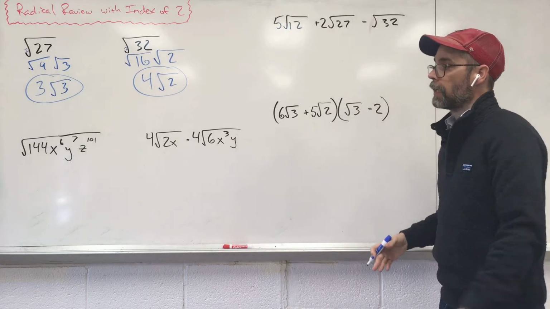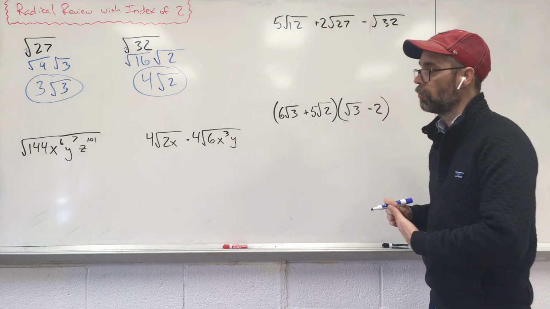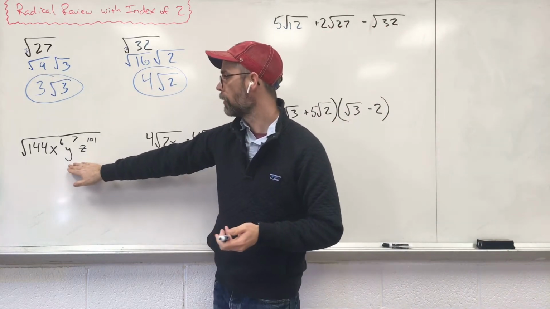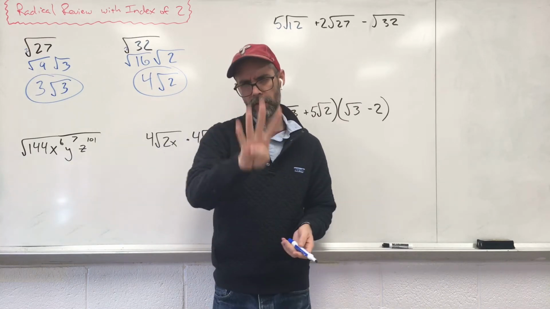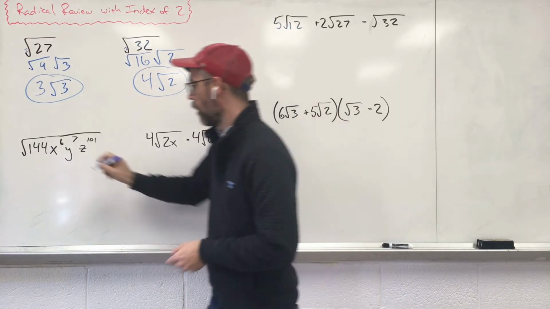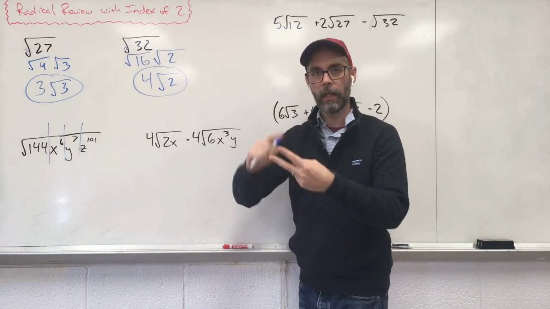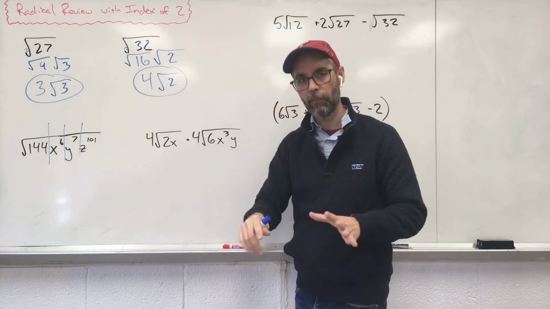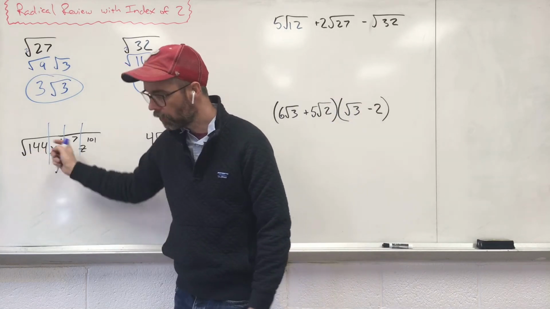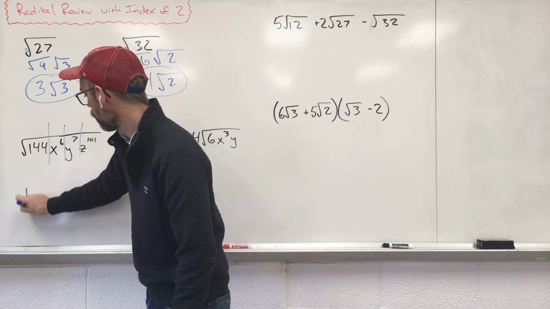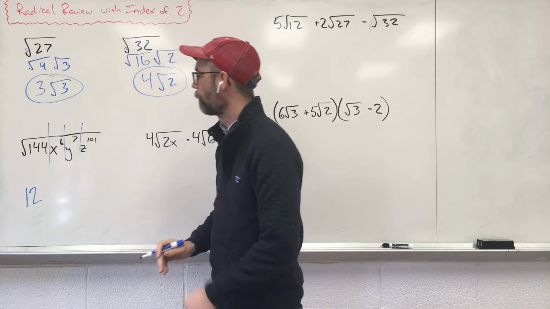What about when we have variables now? So something like this, I want to look at this as if I have 4 separate problems. And I'm going to break them up into each one. So I'm going to look at the number, I'm going to look at X, look at Y, look at Z, all separately. So 144, I know, is going to give me 12 outside.